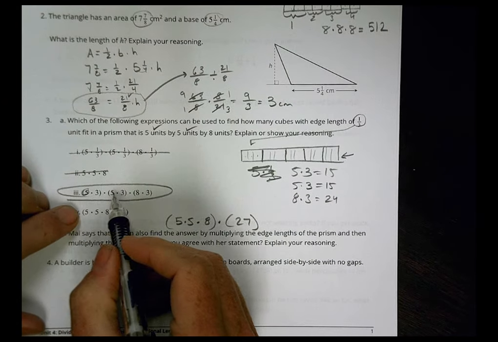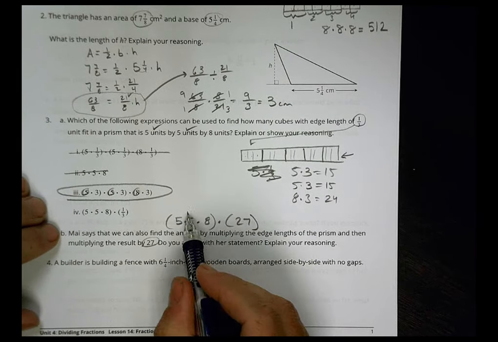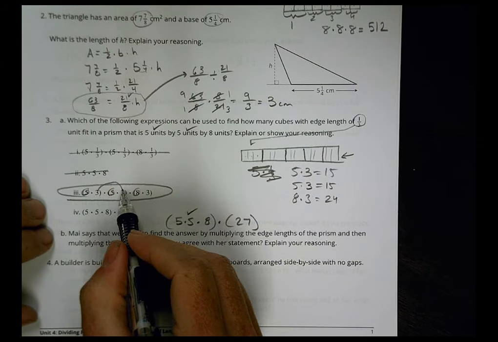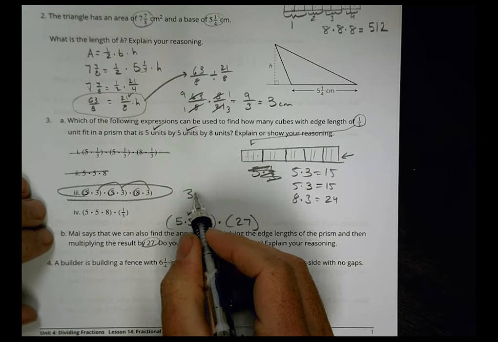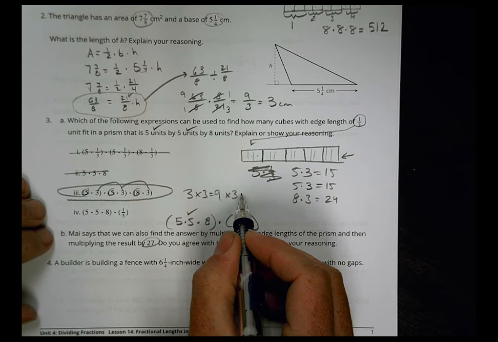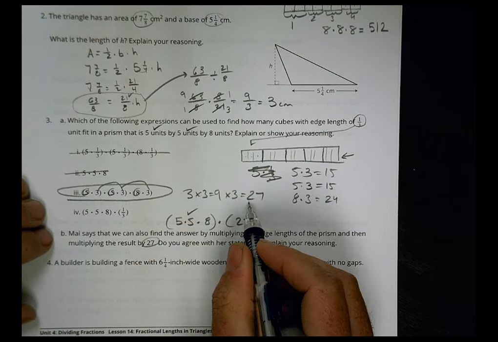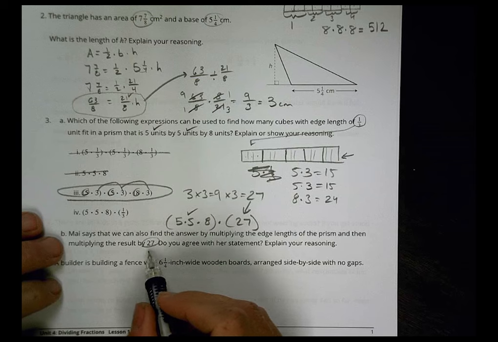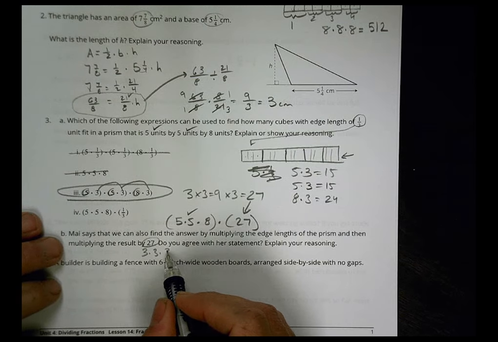Here I have 5 times 5 times 8, so that's all good to go. And then the 27. Well, I'm left with a 3 and a 3 and a 3. 3 times 3 is 9, and then times one more 3 is 27. So, is that going to be okay? Sure, it's going to work out just fine. She can certainly do that because the 27 represents the 3 times 3 times 3.